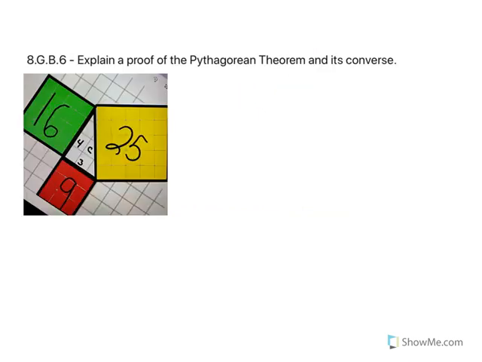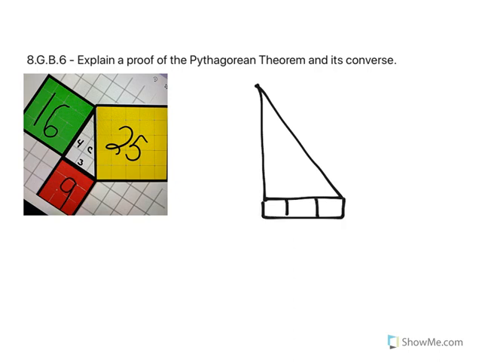Okay, so we're going to go back to that first slide and display the illustration I first started with to explain the proof of the Pythagorean theorem and its converse. So we can see that there's a triangle in between all those squares, and we can see that there's blocks that make a length of 3 across the base.